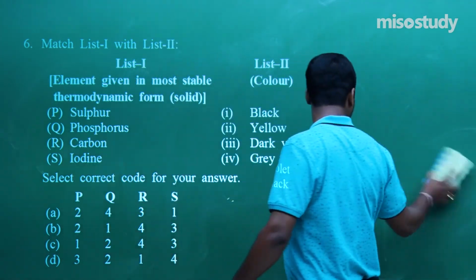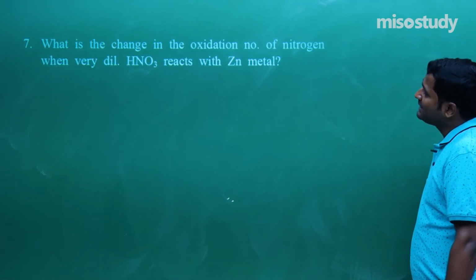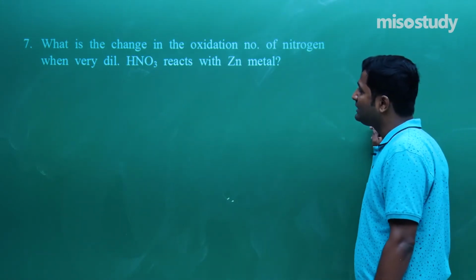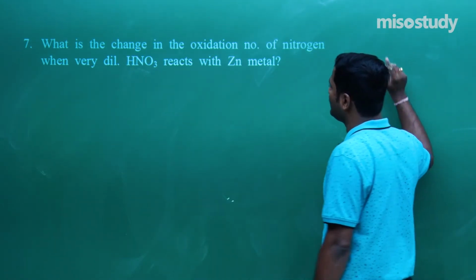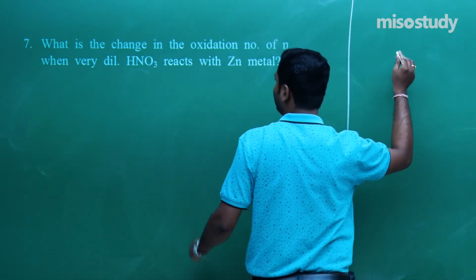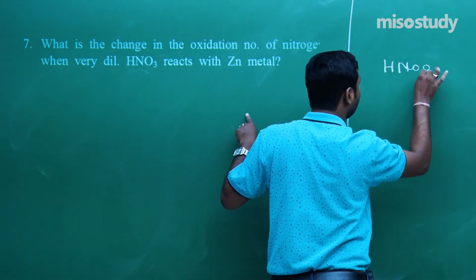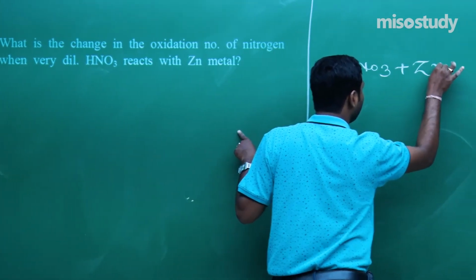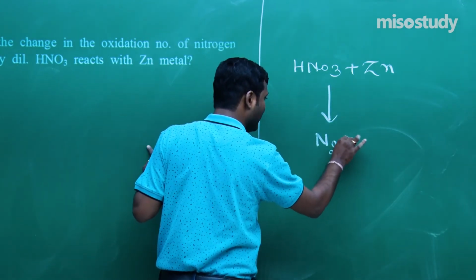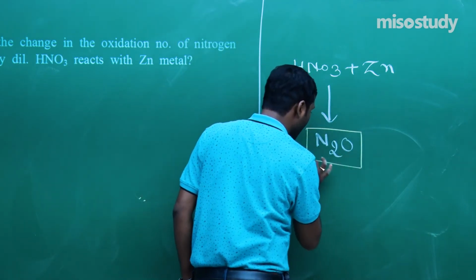Now let's move to the next question. What is the change in oxidation number of nitrogen? This is an integer type question. When very dilute HNO3 reacts with Zn, a gas is formed, and I am not writing the byproduct, that is N2O.